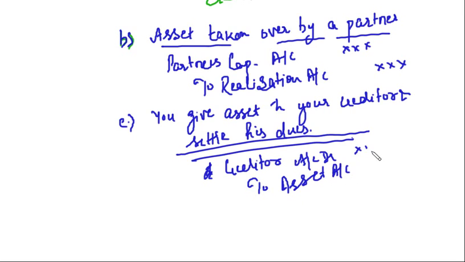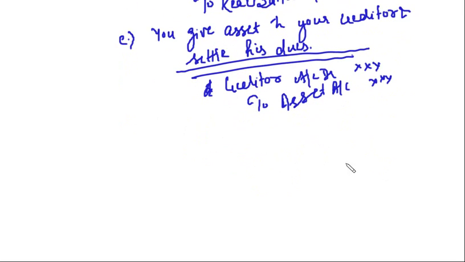But in this case, you have already debited the liability to the realization account and already credited the asset to the realization account. Why will you again debit the liability, again credit the asset? Because you have already done that while transferring it to realization account. So in this case, this entry will not be passed. There will be no entry.